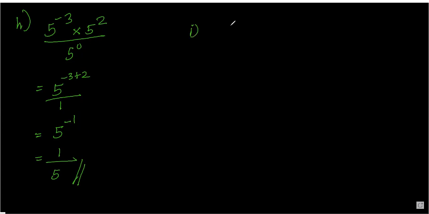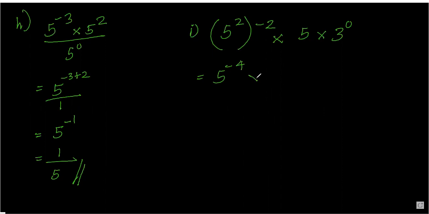I. 5 to the power 2 to the power minus 2, into 5, into 3 to the power 0. So how can we write this one? 5 to the power 2 times minus 2, minus 4, into 5, into 3 to the power 0 means 1. 5 to the power minus 3, minus 4.